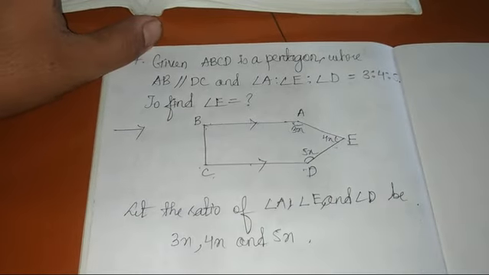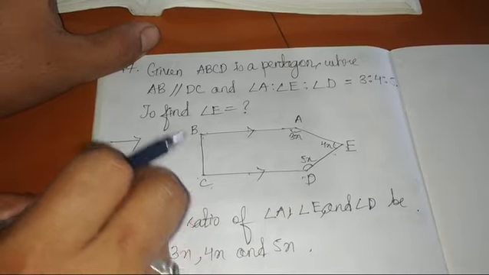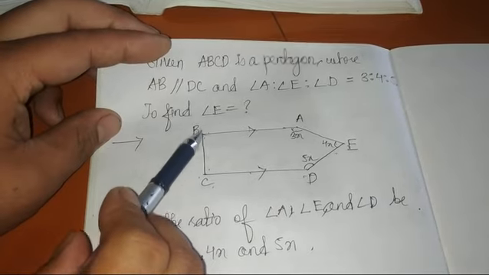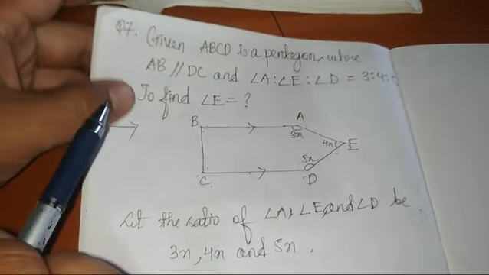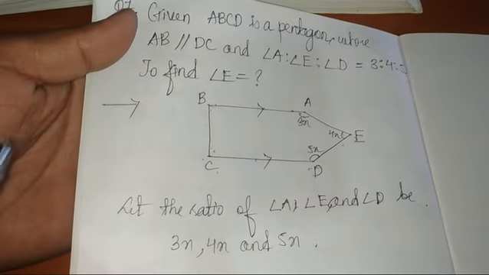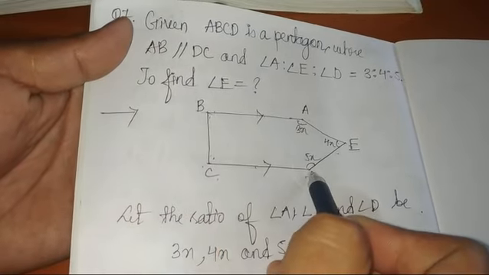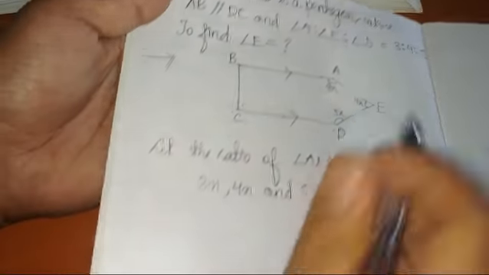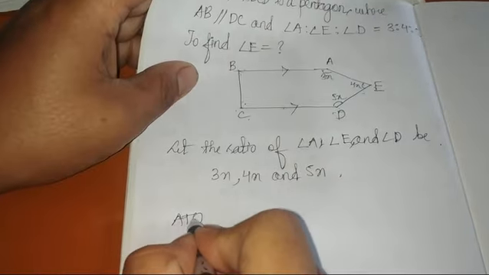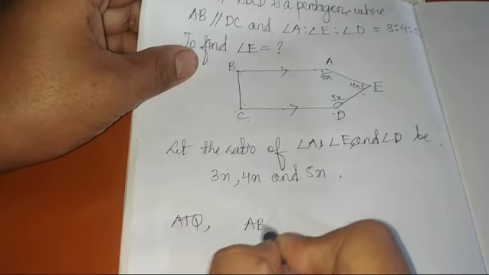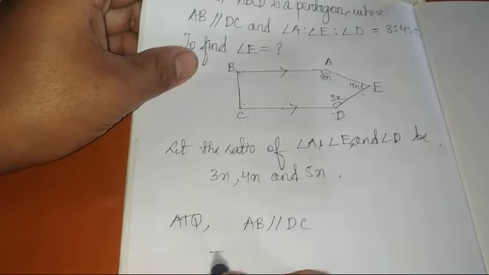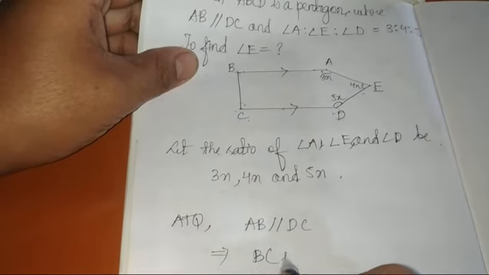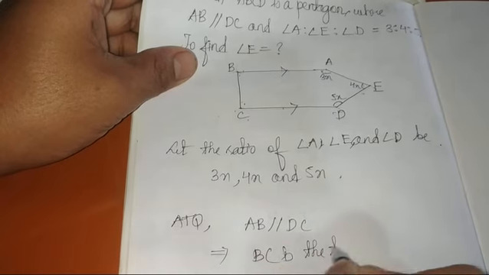So what about these two angles now? We have learned in the properties of parallel lines that if these two lines are parallel to each other, then this is a transversal. According to the question, AB is parallel to DC. What does it imply then? BC is the transversal.